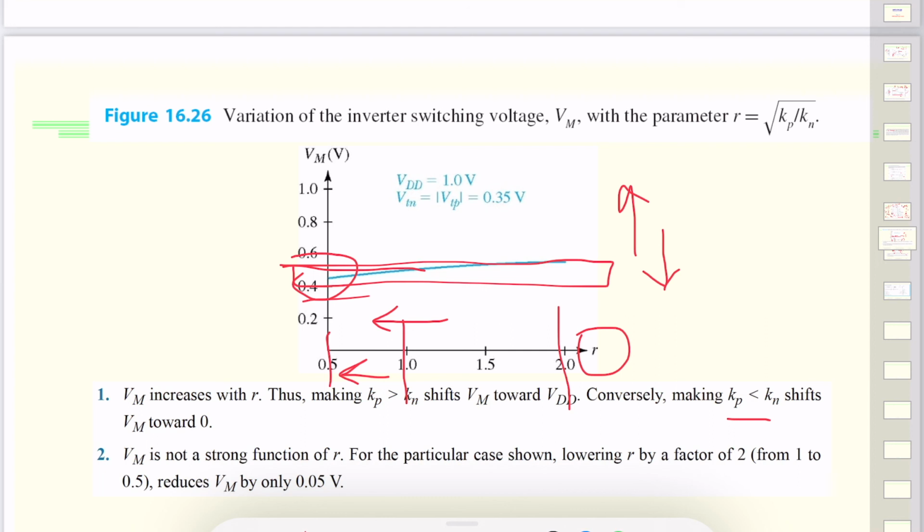So we can see that the switching voltage where we go from high to low has a dependence on the device size, and it can be slightly moving from the midway point up or down depending on the R value.